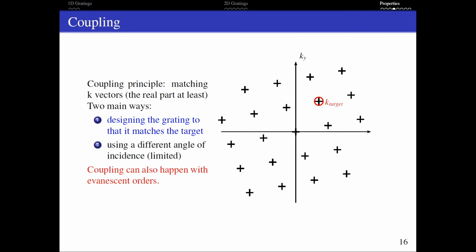Now, let's say we want to couple our grating to something. So let's say we have targets. This target can come from something else. It can be we want to couple to a plasmon, to guided modes or something. One way to do it is that we can design our grating so that the target matches one of the orders of the grating.